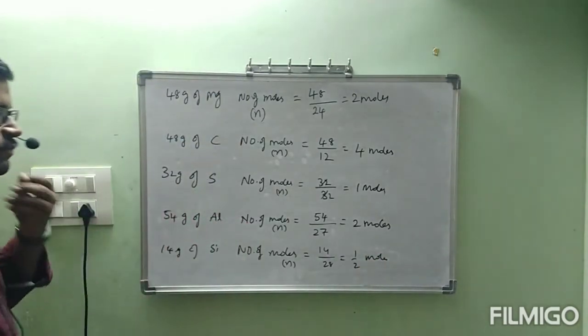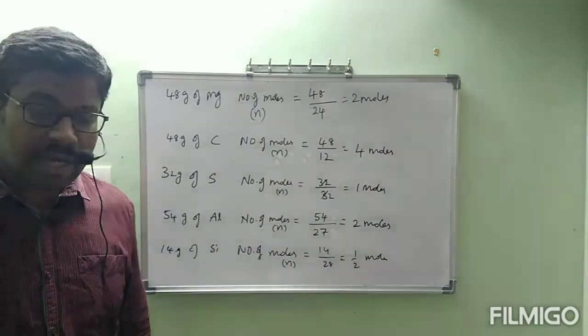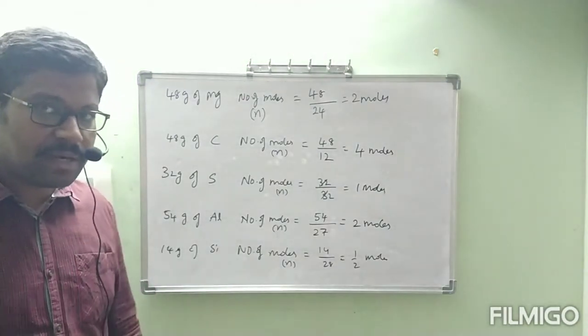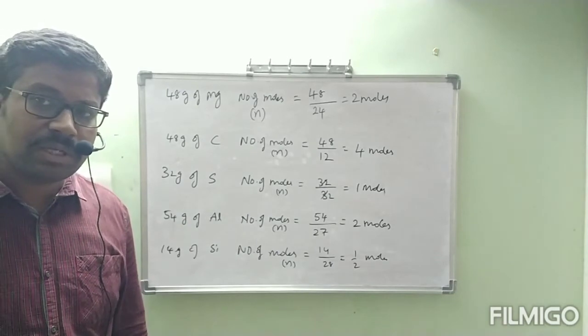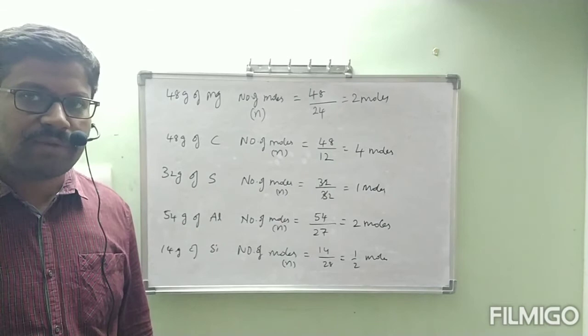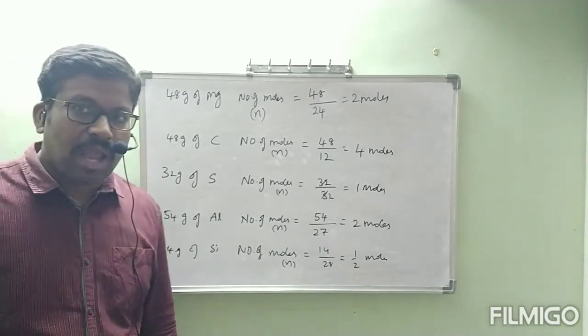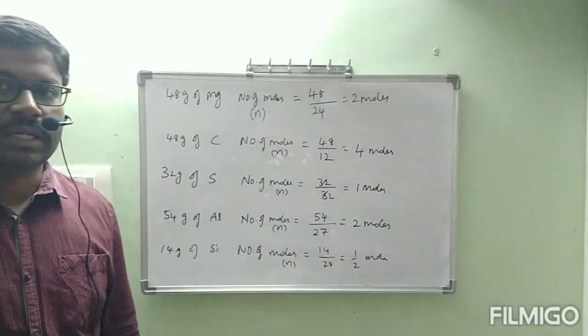What is the meaning of half mole? 6.023 into 10 power 23 molecules, atoms, sorry, this is an element, atoms. 6.023 into 10 power 23 divided by 2 is 3.1015 into 10 power 23 atoms of silicon. That is the meaning.